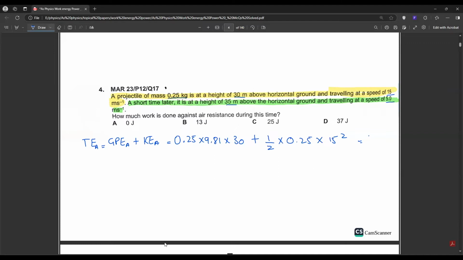The total energy comes out to be 101.7 joules at point A.